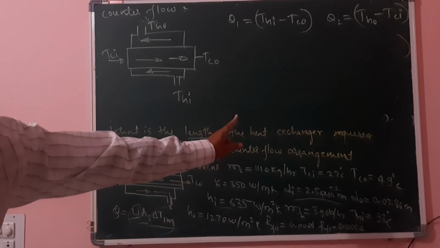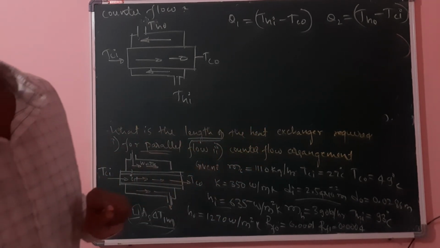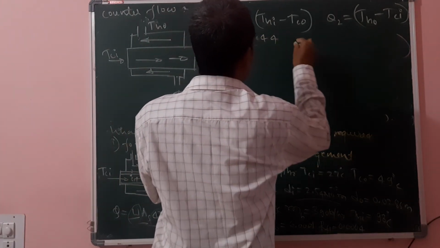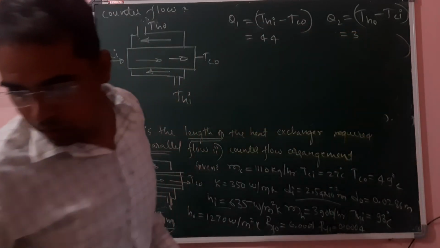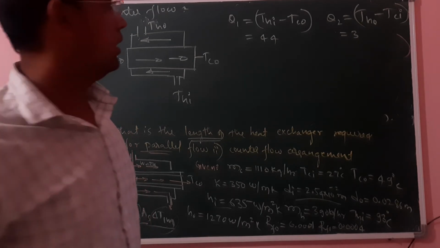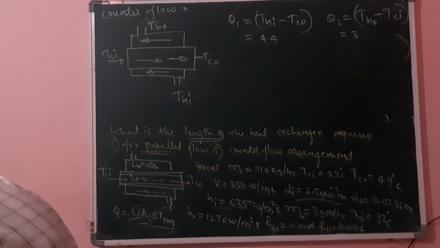We will get theta 1 equal to 44 and theta 2 equal to 34.7.